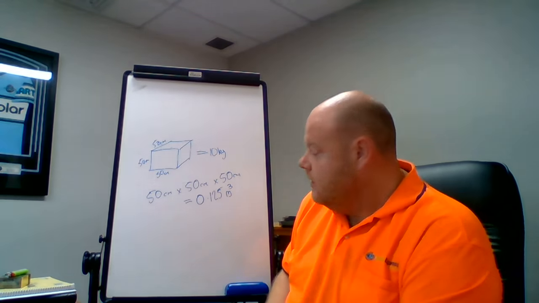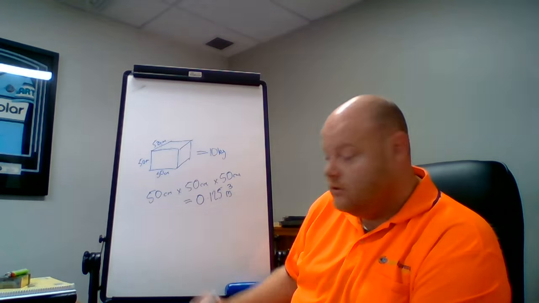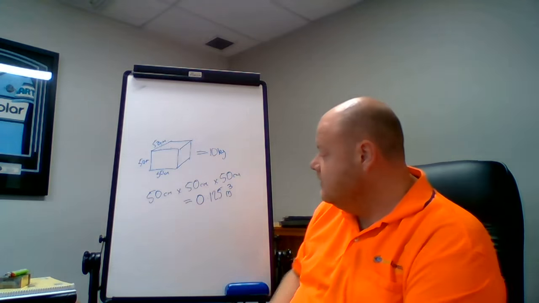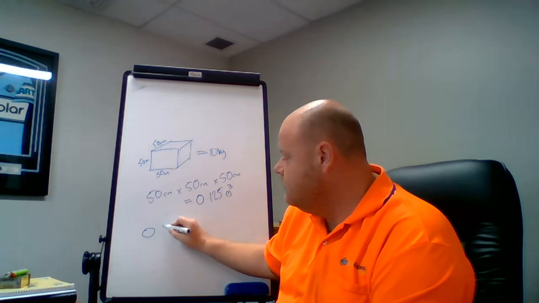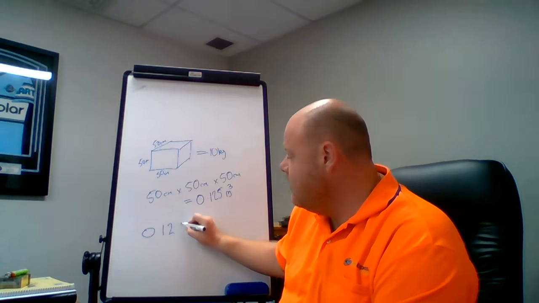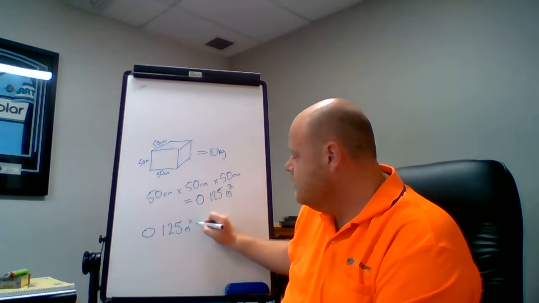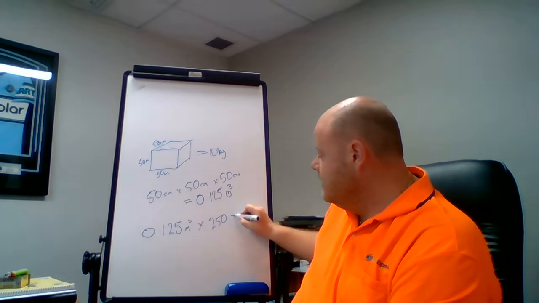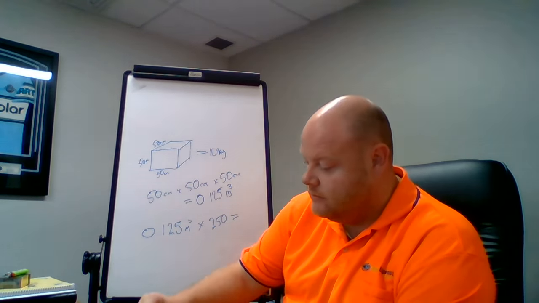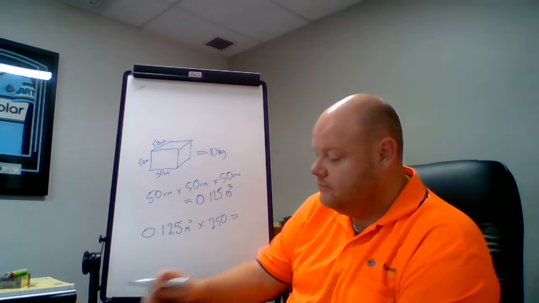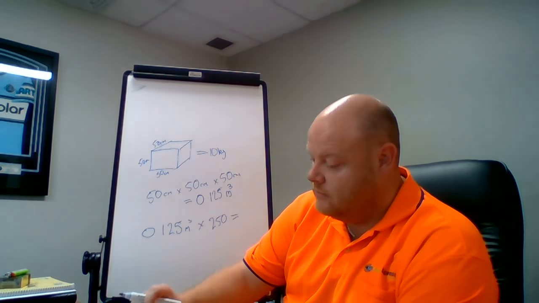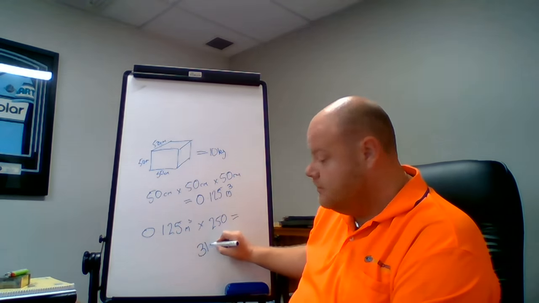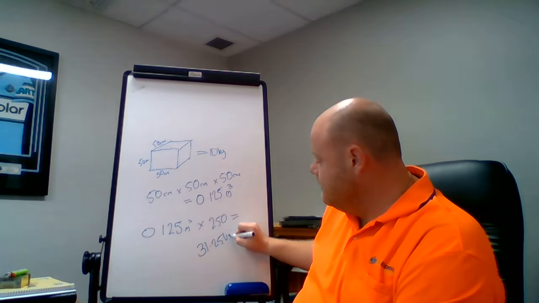Now, we said our conversion was 250 kilos per cubic meter. So based on that, I would take the amount of cubic meters, which was 0.125, times my conversion factor of 250 equals 31.25 kilos.